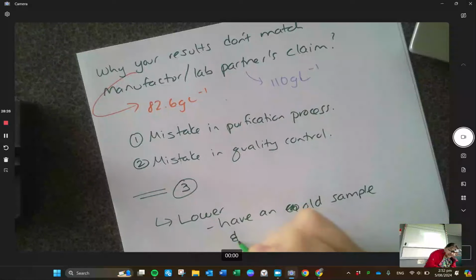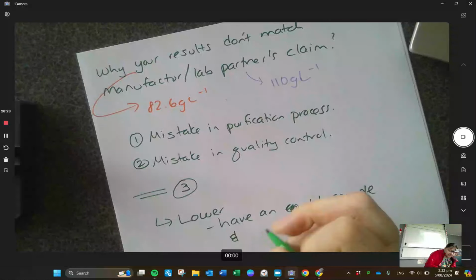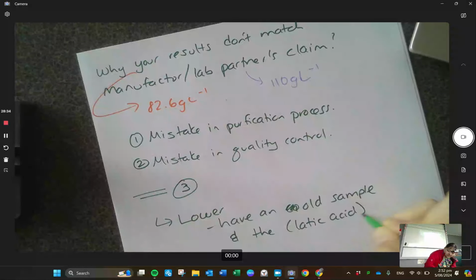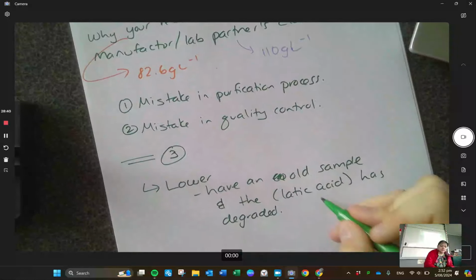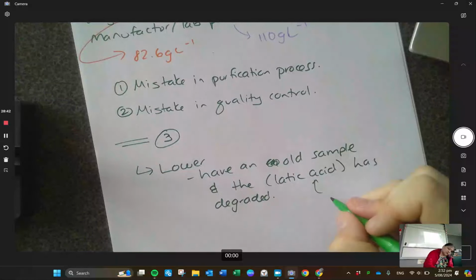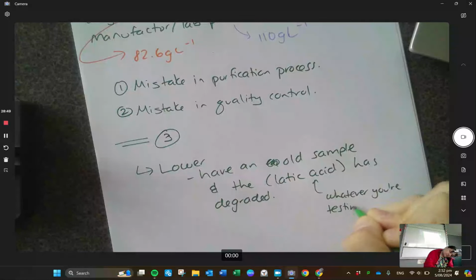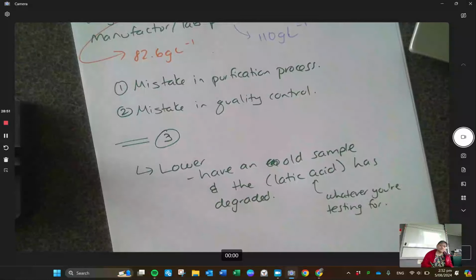In this case, the lactic acid has degraded. So that's just talking about whatever you're testing for. So if it's lower, it's probably that just degraded.